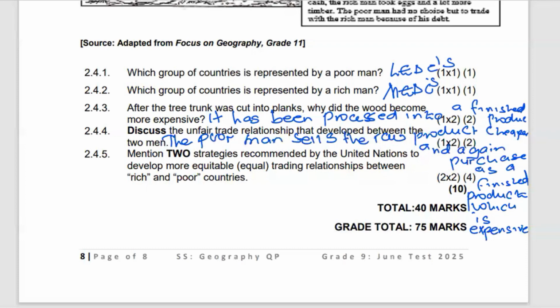Mention two strategies recommended by United Nations to develop more equitable trading relationships between poor and rich countries. All right, here we have the strategies. The first one is paying fair practices.